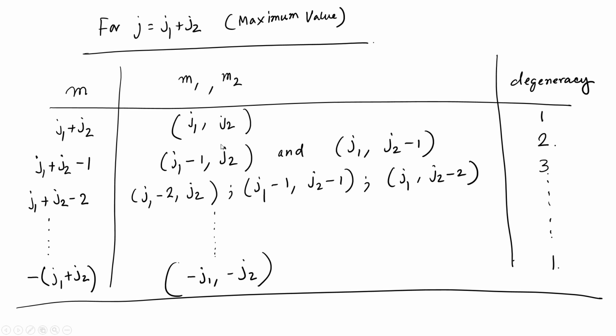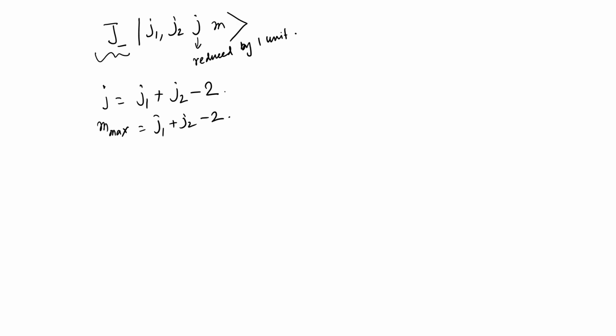The term that you see here will be there at the top of the table, in place of this J1, J2. Okay. So, that will be threefold degenerate and so on. So, what are these?